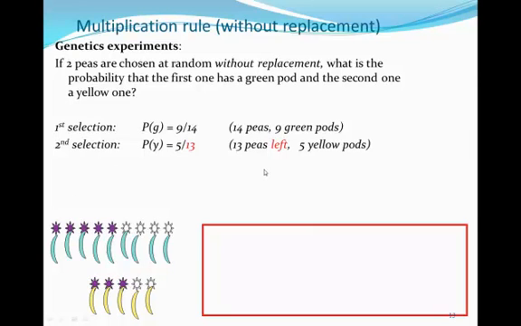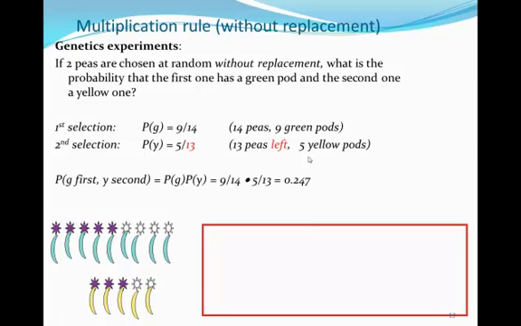For the second selection, since it's without replacement, that means when you pick a green part, you don't put it back in our original setting, so you throw it away. So the probability for the second selection to be a yellow part: we still have 5 yellow parts, but the total number of parts remaining is 13. So it's 5 over 13.